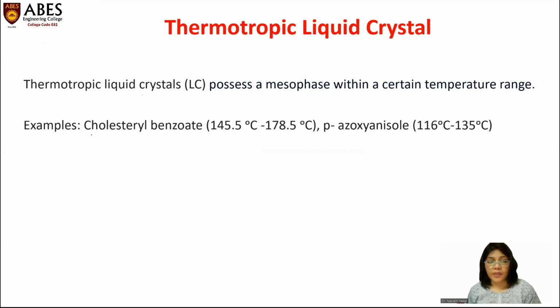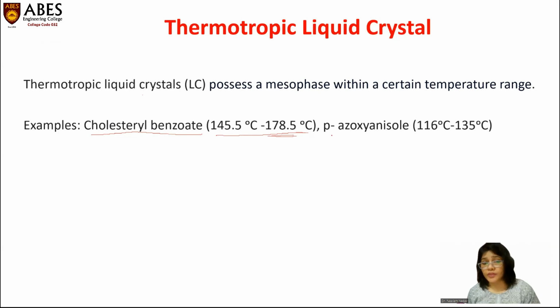For example, if cholesterol benzoate is heated, it shows the characteristic of a liquid crystal at a temperature range of 145.5 degrees centigrade to 178.5 degrees centigrade. Below this, it will show a solid phase, and above 178.5 degrees centigrade, this cholesterol benzoate will show the liquid phase.